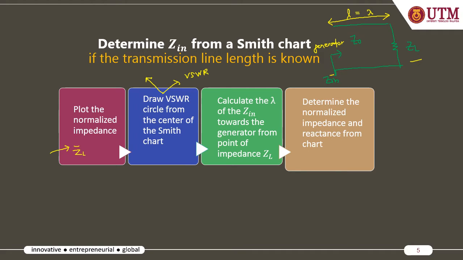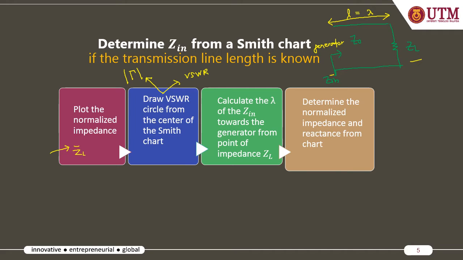Then from the radius, you can also determine the magnitude of your reflection coefficient. And in order to get the Zin, you need to consider the L, the transmission line length, and also you need to get the new wavelength of the input impedance.